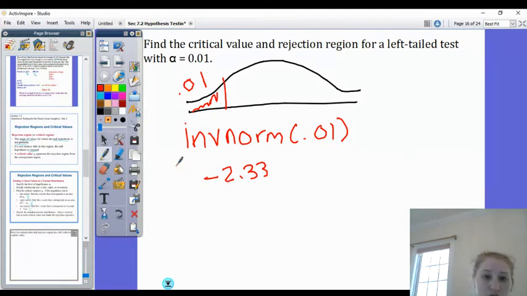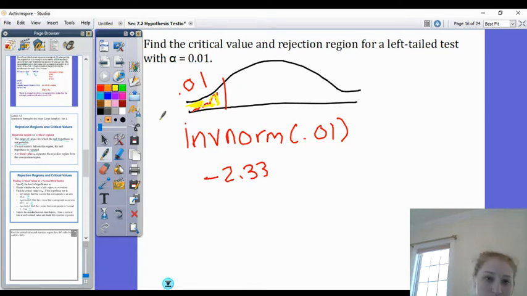Okay, so my rejection region is this part shaded in here. So if you were to get a z-score of negative 2.34, that would be in your rejection region. If you got a z-score of negative 2.31, that would be over here, so we would not reject it.